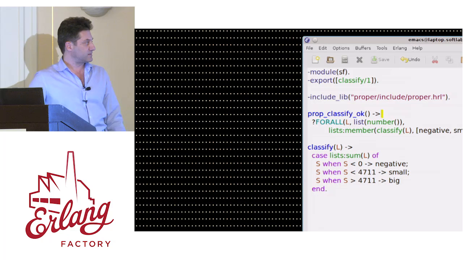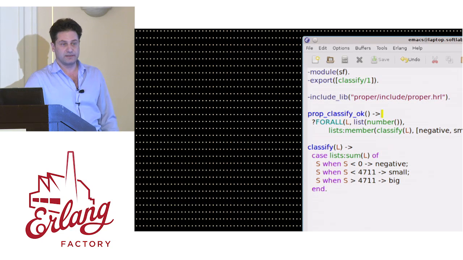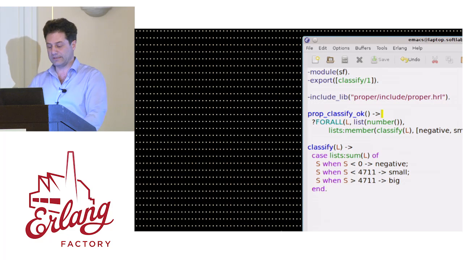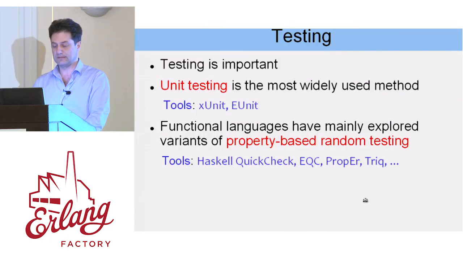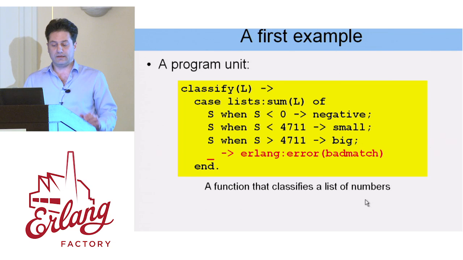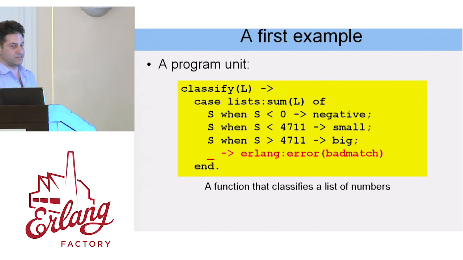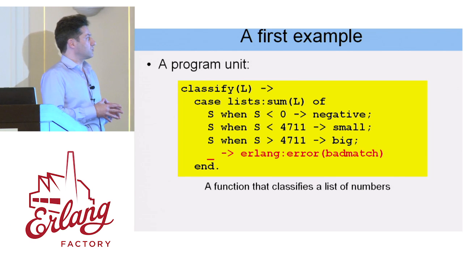As you probably guess, this function here has some errors. It actually has at least two kinds of errors. To understand the kinds of errors that this function has, you have to understand that what this function does is this.